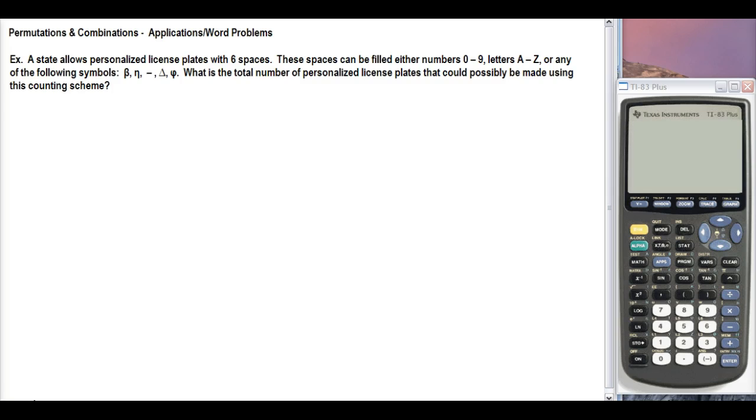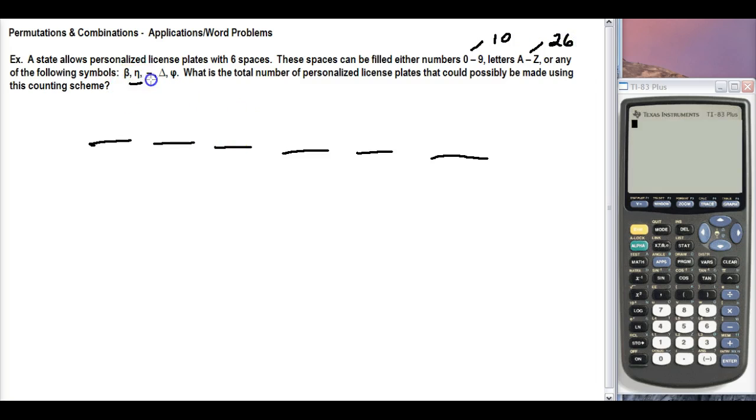So first thing that we know before we even get started here is that we have 6 spaces, okay? So we got 1, 2, 3, 4, 5, 6. So after that, we need to figure out how many actual symbols we have. So if you notice, 0 through 9, that's going to give us 10 digits. We have 26 letters in our alphabet.